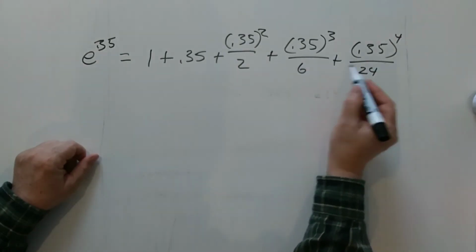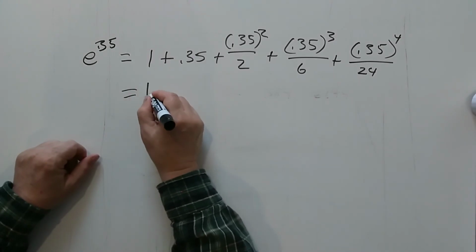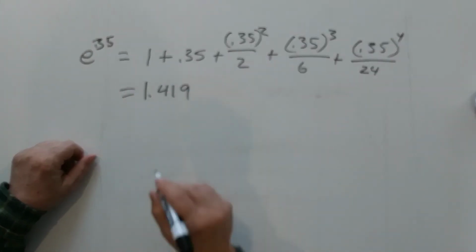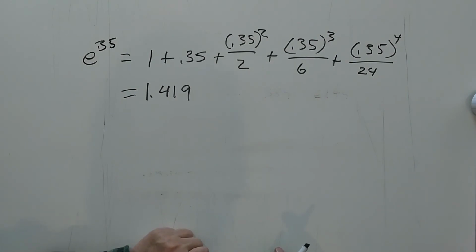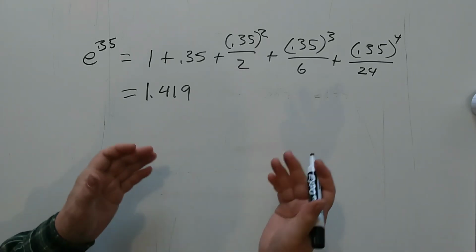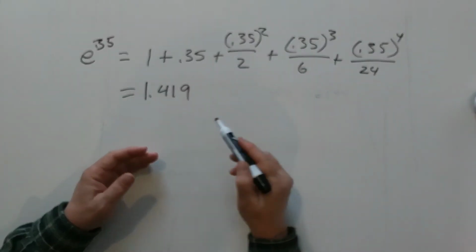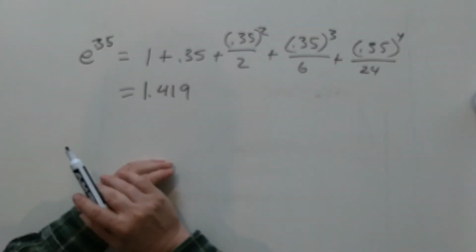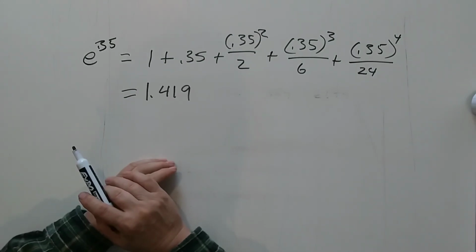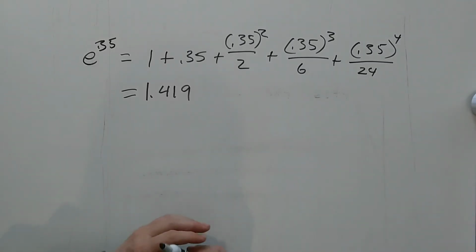If you use a calculator to calculate that, it's 1.419. And that's how we were able to use power series to calculate the value of e to any power. And this could be done longhand if you were willing to do all of the squaring and cubing and dividing longhand. You could calculate what e to the 0.35 power is. Something that we could not do if we didn't have power series.